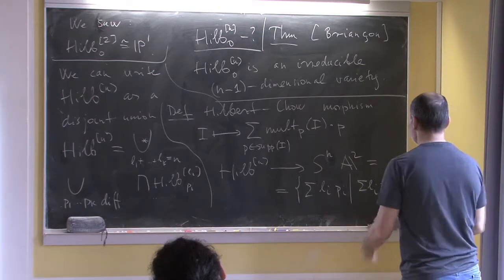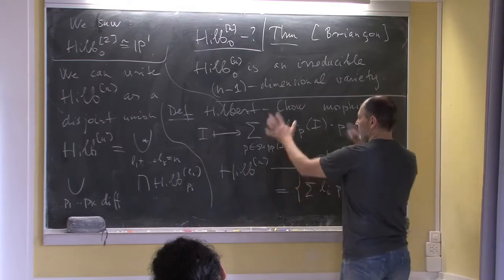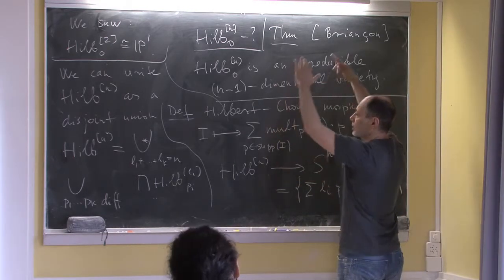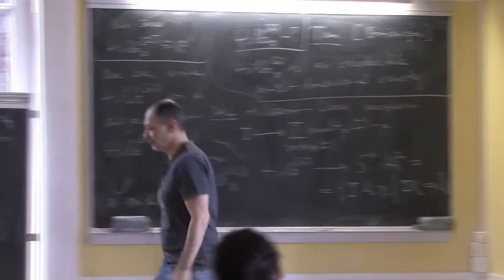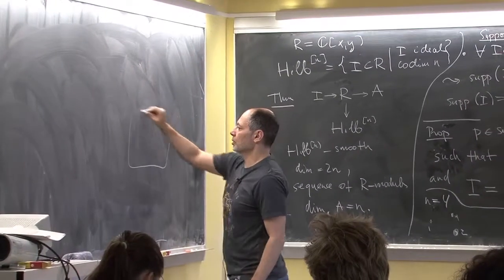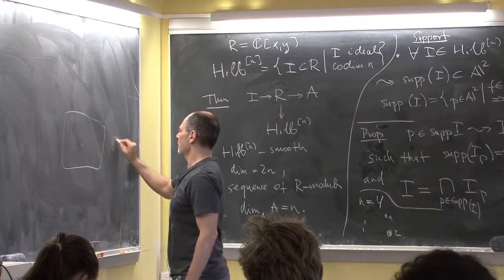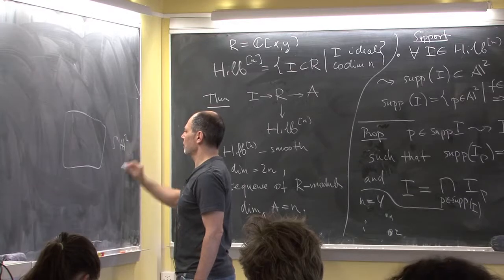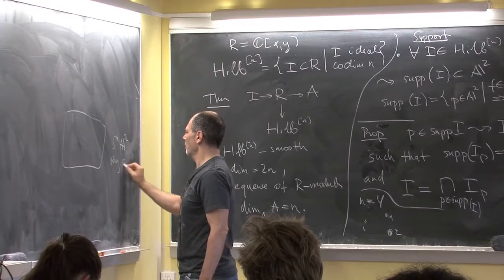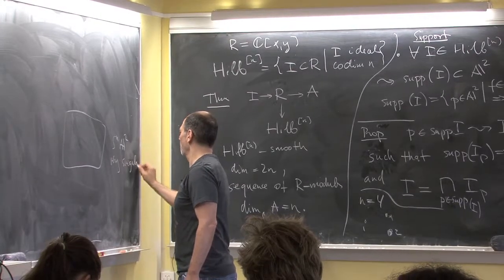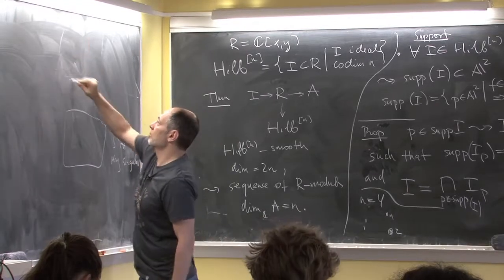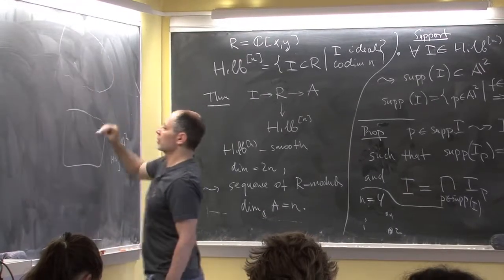So you have this space, and then the Hilbert scheme maps to this symmetric product. What you see here at the bottom is this singular space. The symmetric product of A2 is very singular. And then the Hilbert scheme is some kind of beautiful resolution of these singularities.